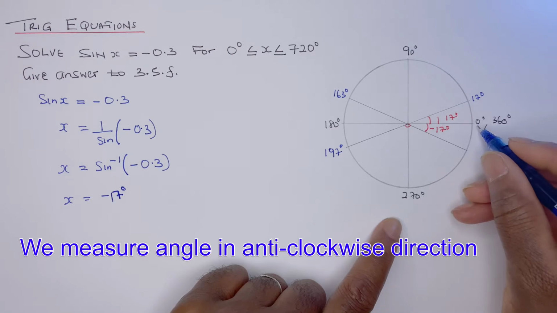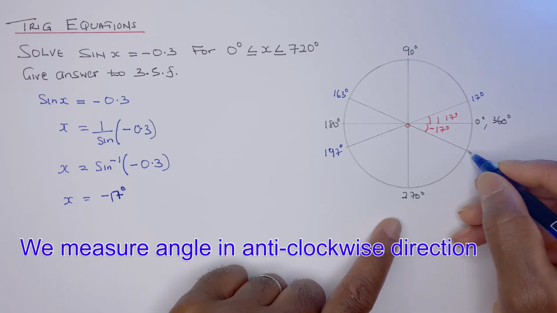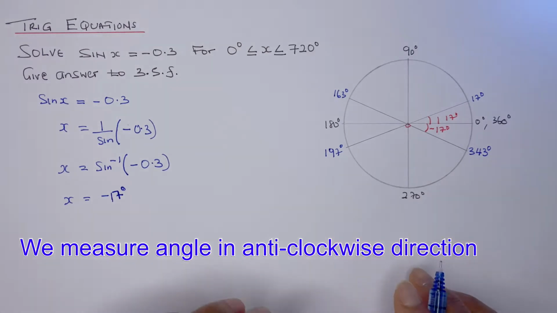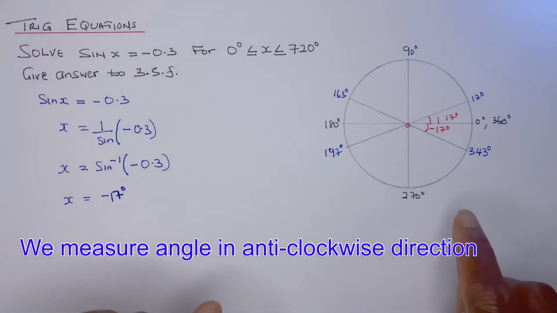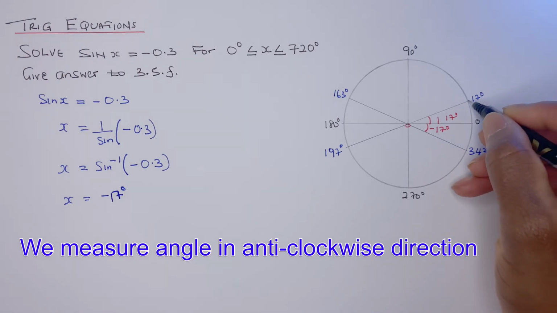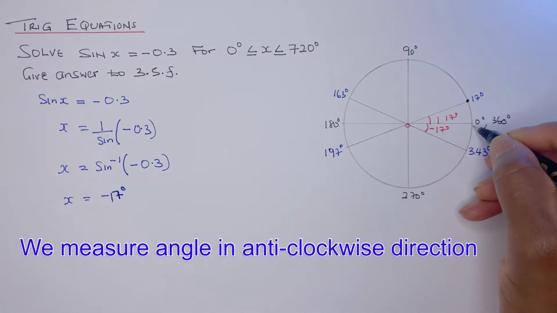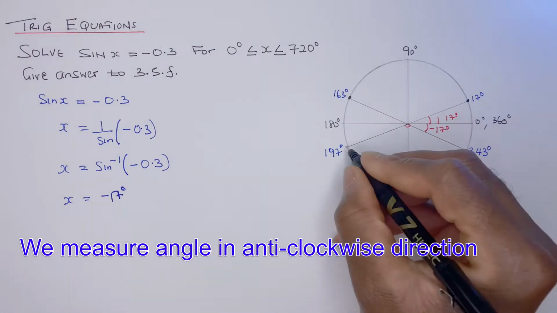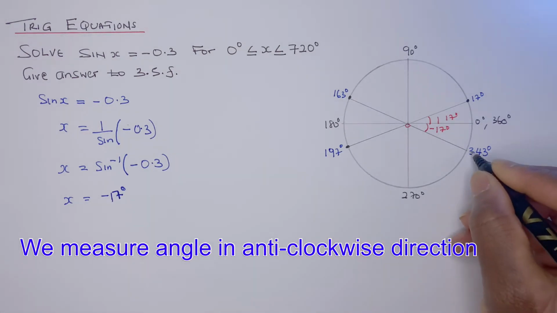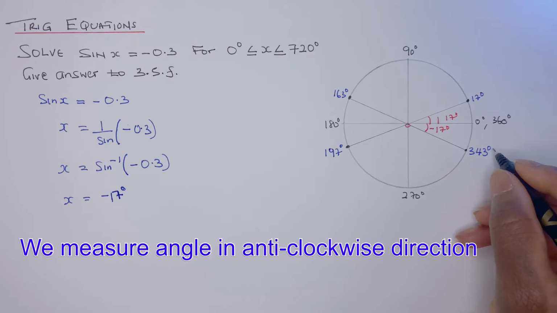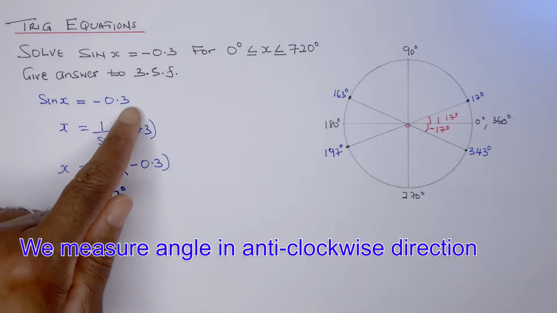And here will be 360 take away 17 degrees, so I'm expecting 343 degrees. So we go from 0 to 17 degrees here, then from there all the way to 163 degrees, 197 degrees, and then back to 343 degrees.